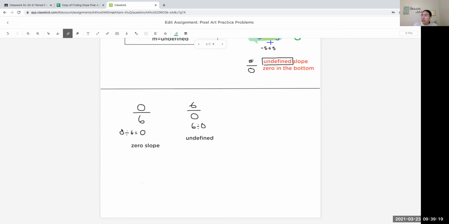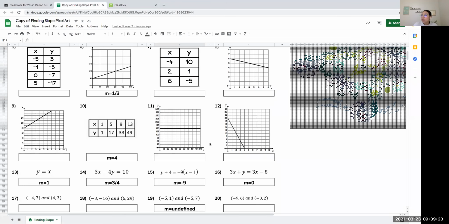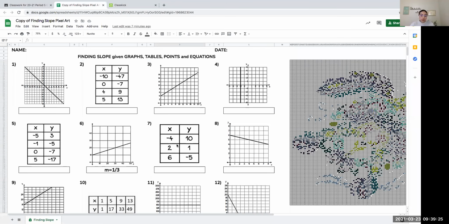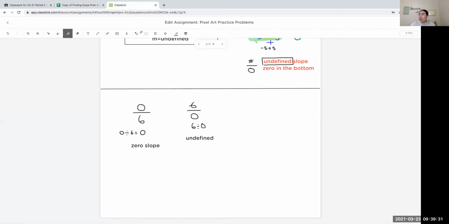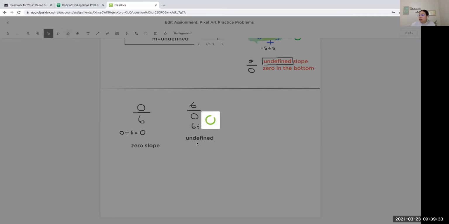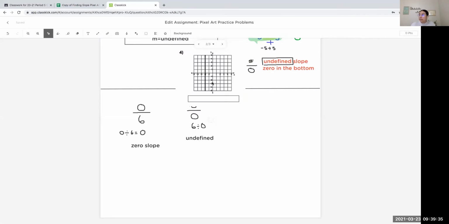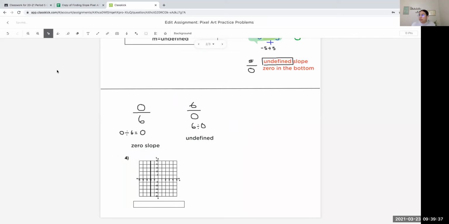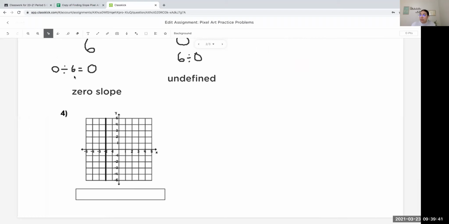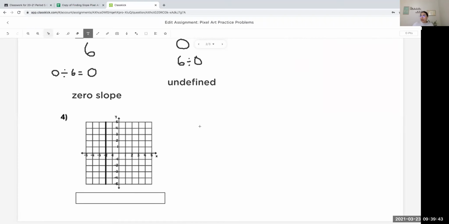Okay, I am going to go ahead and work through question, graph number 4. So graph number 4. Okay, so this is another example of a graph.